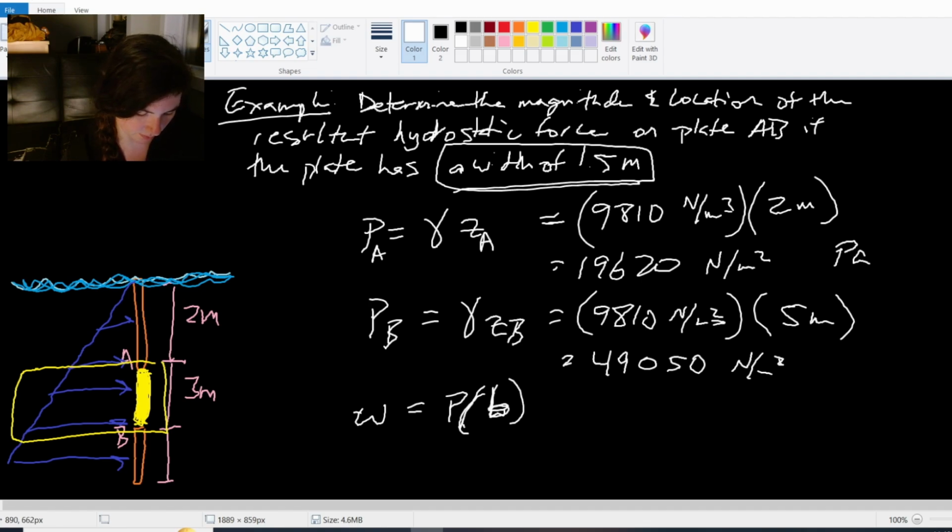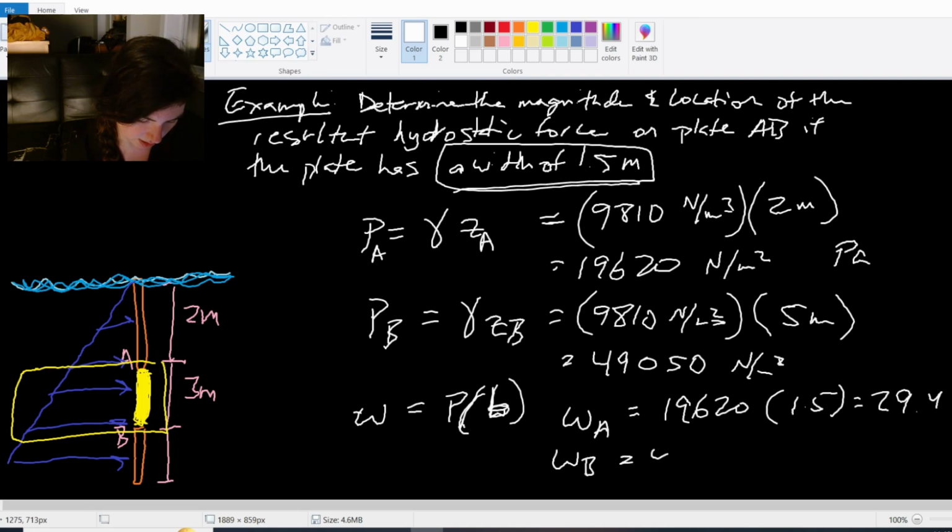Lowercase b. So my load at A is going to be that 19,620 times 1.5, which will give me, I'll simplify this a little bit, 29.4 kilonewtons.